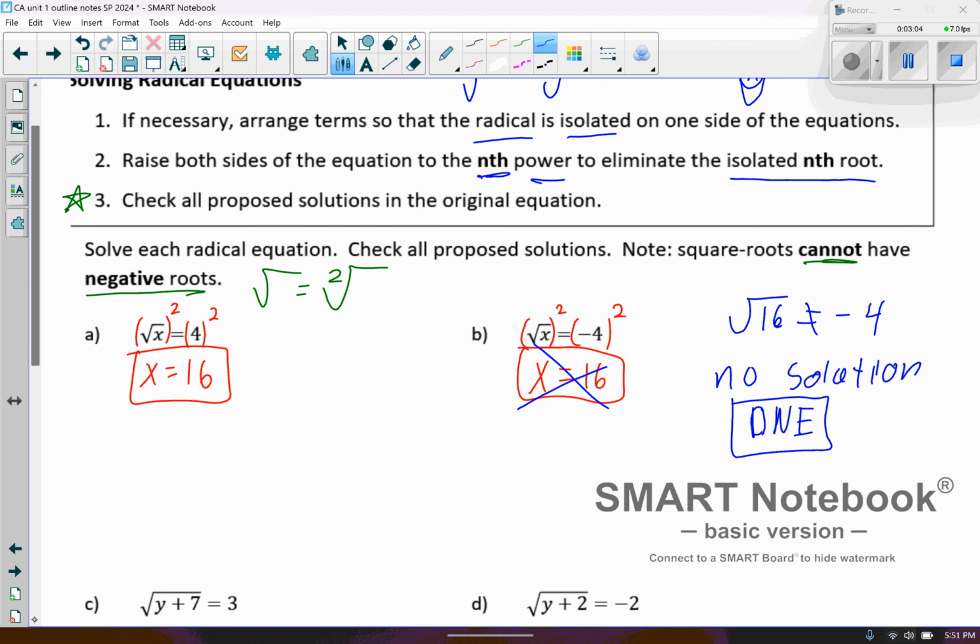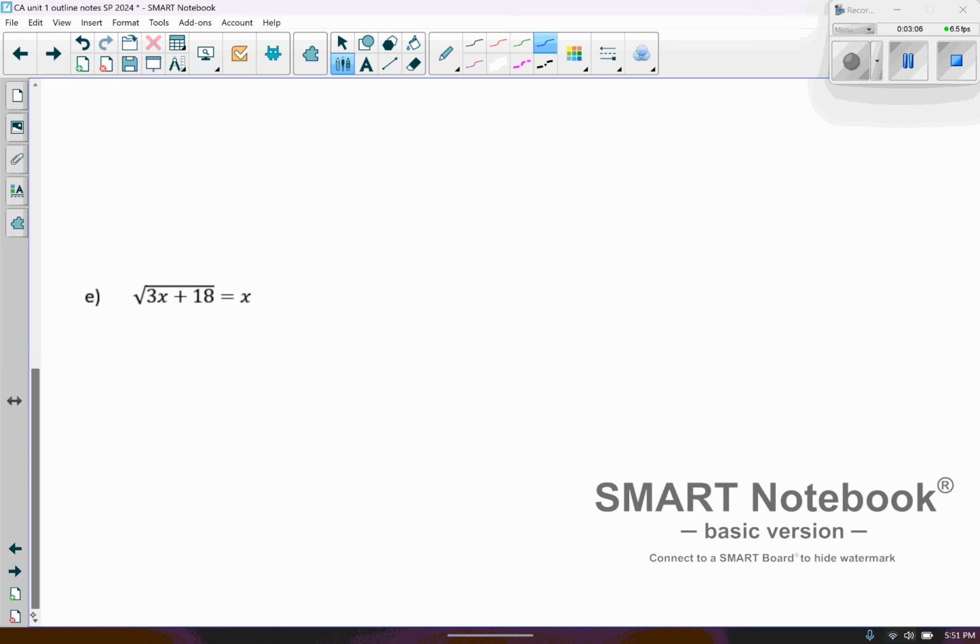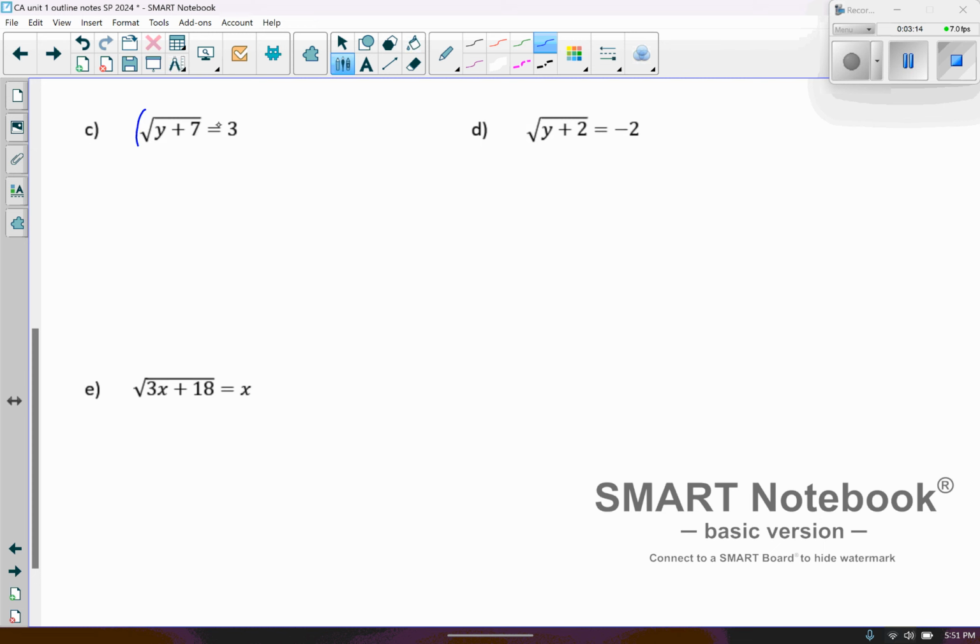Okay, moving along. We have the square root of y plus 7 equals 3. Once again, we'll start by squaring both sides. We're going to have y plus 7 is equal to 3 squared, which is 9. Then we'll subtract 7 from both sides, and we get y equals 2.